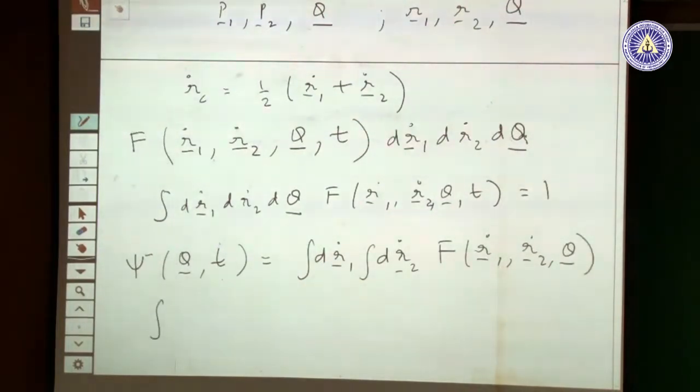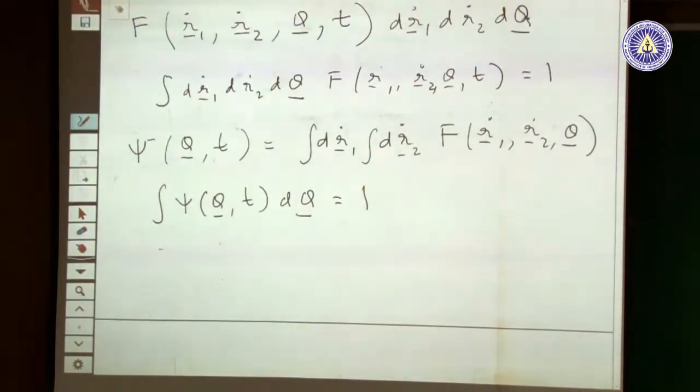And you can clearly see if I integrate psi of q comma t dq, then I have to integrate the right hand side as well by dq, and that is the normalization condition on f. So, this is also normalized. Okay. So, that is equal to 1.